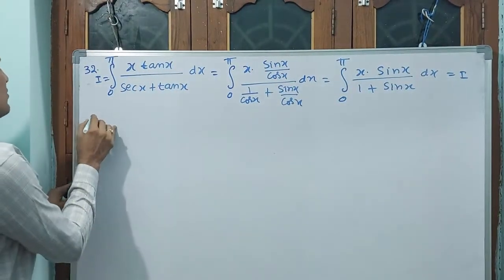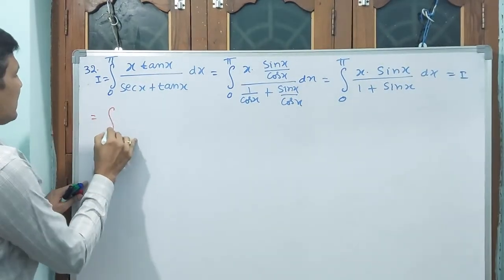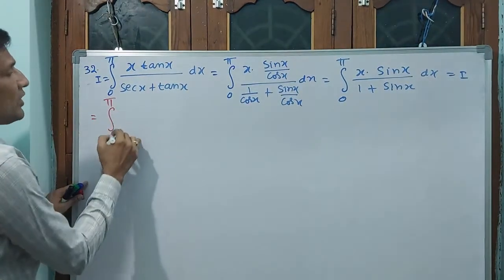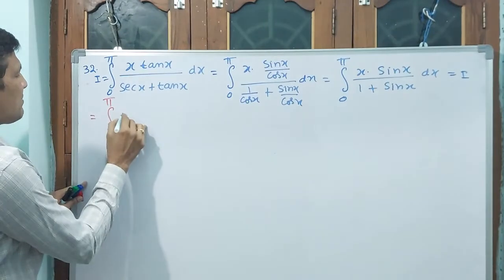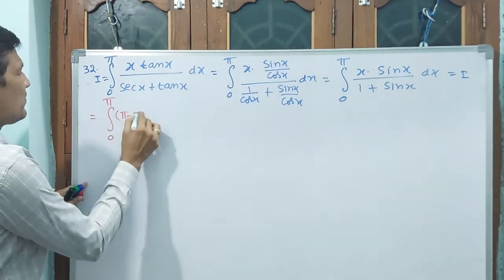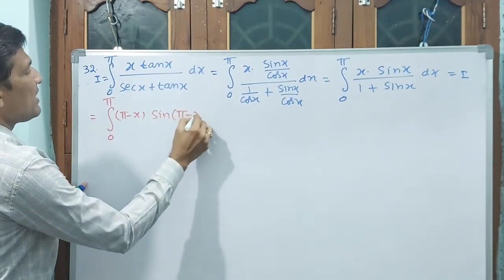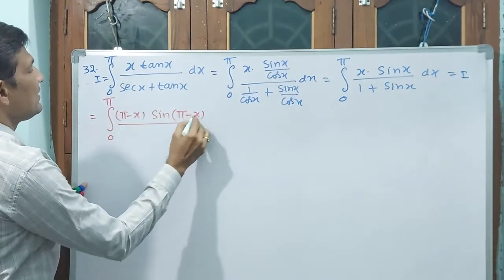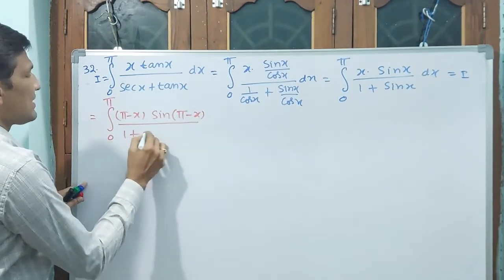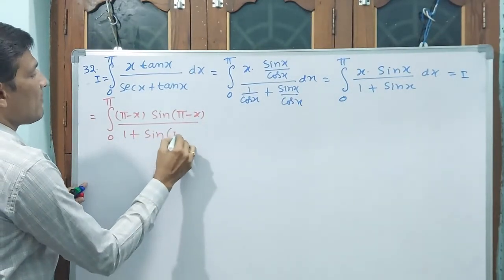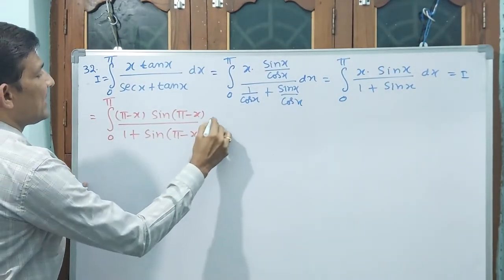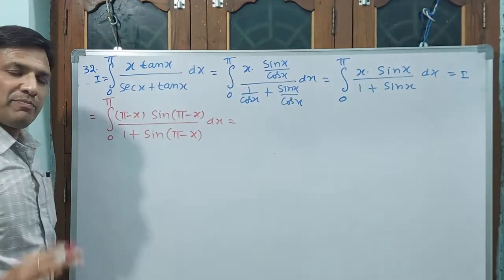Okay. Again I am making, you see, integral 0 to pi, 0 plus pi minus x. That means pi minus x into sine of pi minus x divided by 1 plus sine of pi minus x dx. Is this step correct or not?